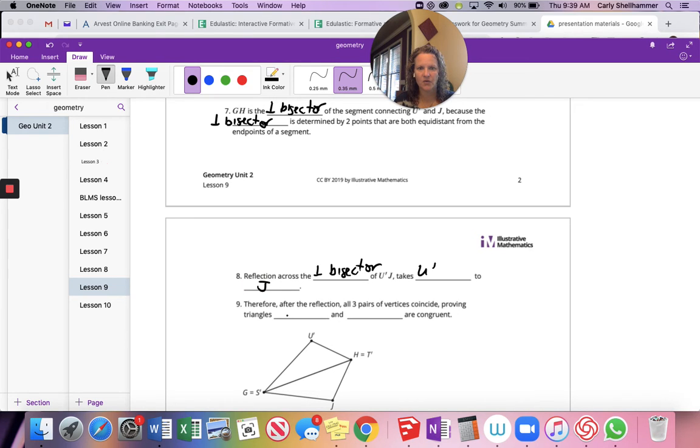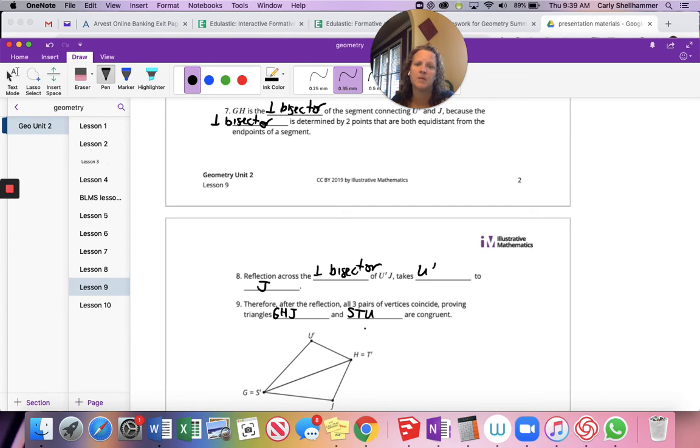So after the reflection, all three pairs of vertices coincide, proving triangles GHJ and STU are congruent.